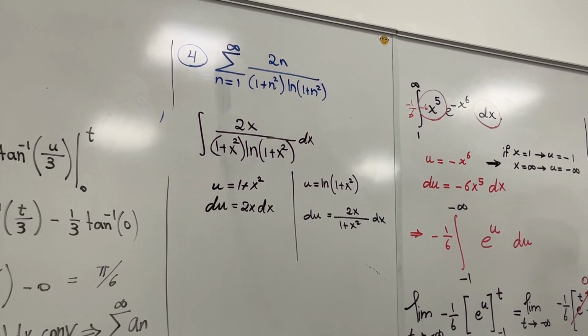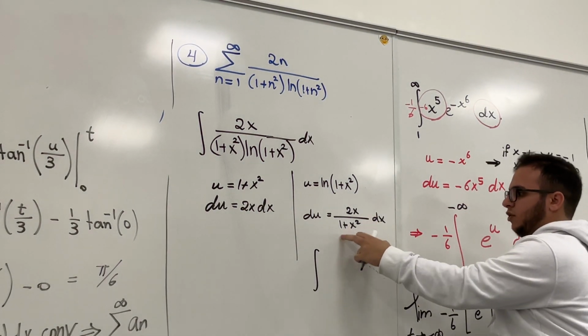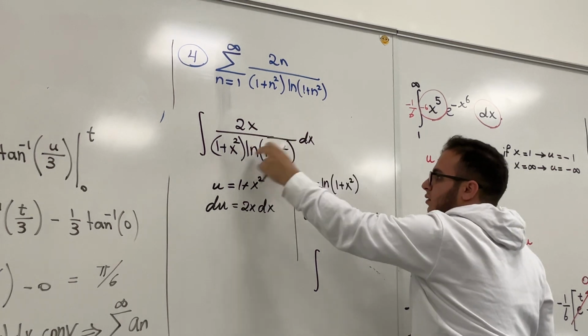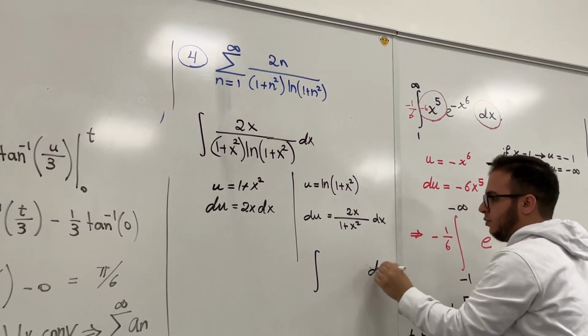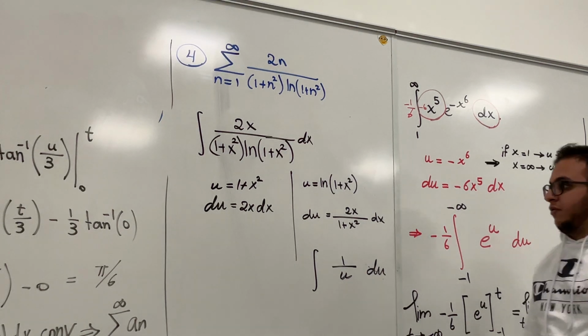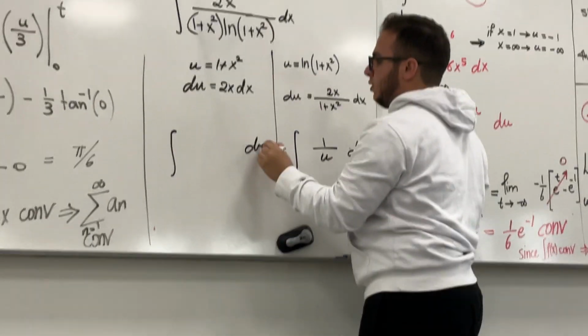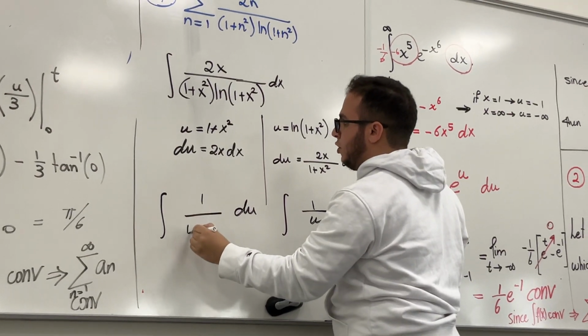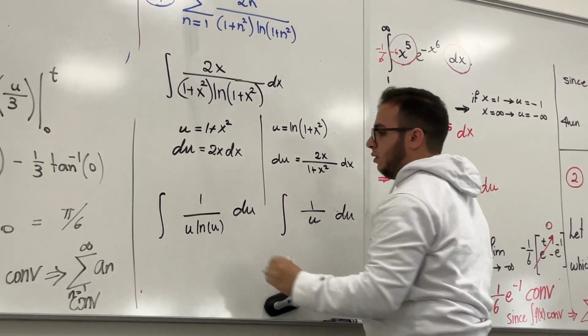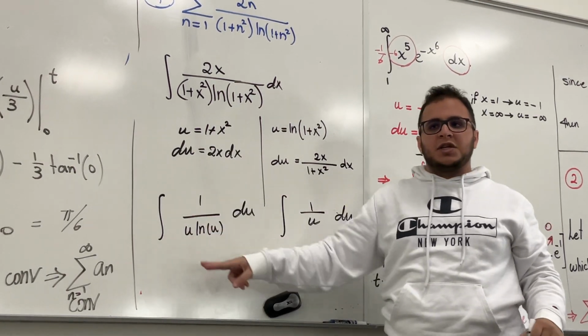Right. Now, if I want to integrate, what do I get? 2x over 1 plus x squared dx is just du, and then this is just 1 over u. That's it. But if you follow this, what do you get? 2x dx is du, and then I have 1 over u ln u. And then this becomes similar to this one, and you have to do another substitution here.